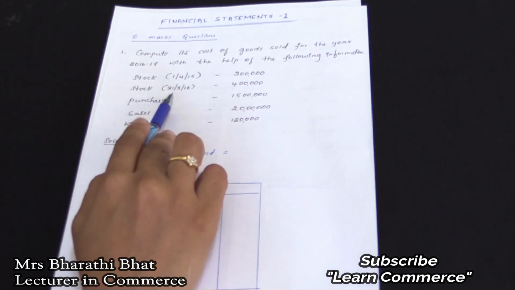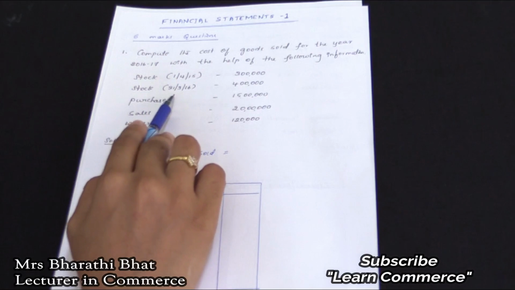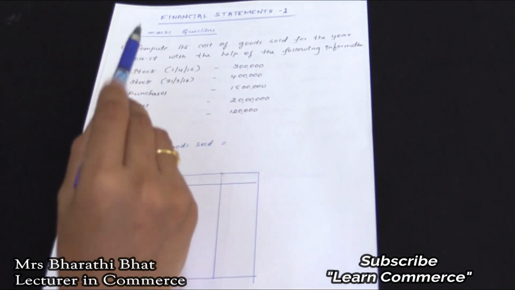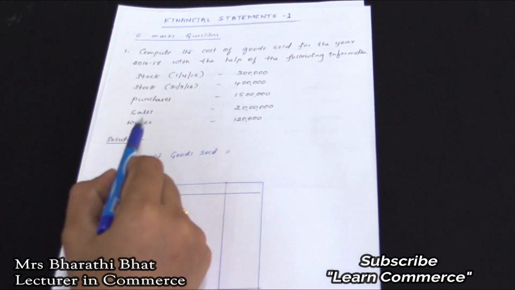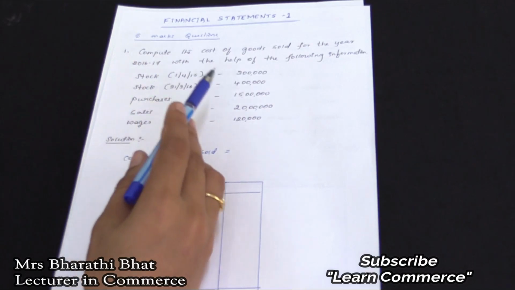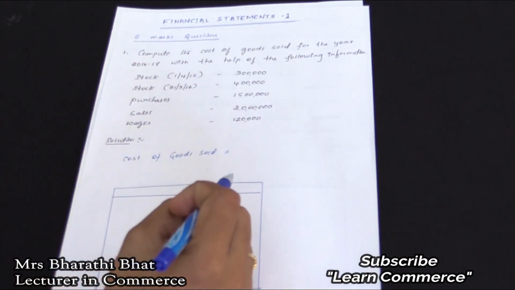Stock on 31st March 2016, that is closing stock, 4 lakh. Purchases during the year 15 lakh. Sales during the year 20 lakh. Wages 1,20,000.